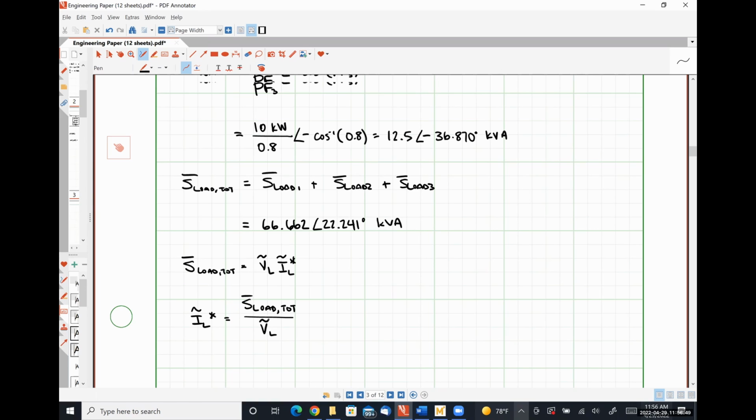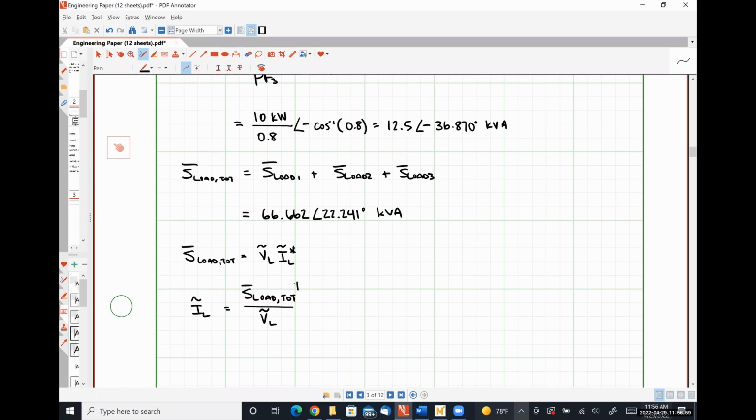So from that, I can say that IL, if my stylus will write, is going to be simply S load conjugate divided by VL conjugate. Because whenever I conjugate a fraction, I have to conjugate both the numerator and the denominator. You could do that too, absolutely. Either way, they're the same thing.